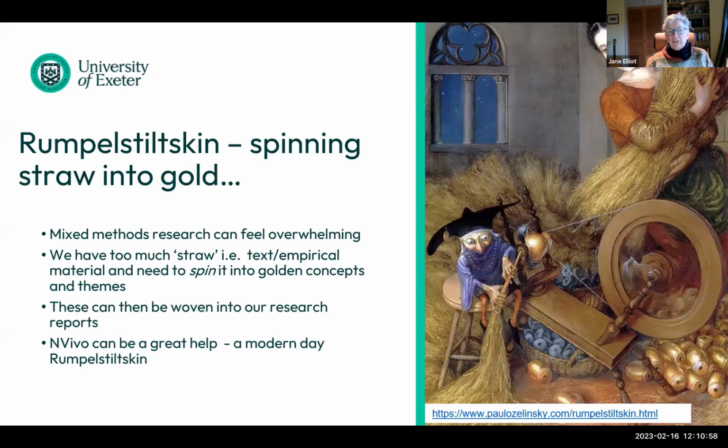And my point here is that mixed methods research can feel rather overwhelming just because of the quantity of data that we might have. We have too much straw, so text or empirical material, and we're trying to spin it into something more valuable, into our golden concepts and themes. But that's not the end of it. Just having golden thread is not enough. We need to then weave these into our research reports.